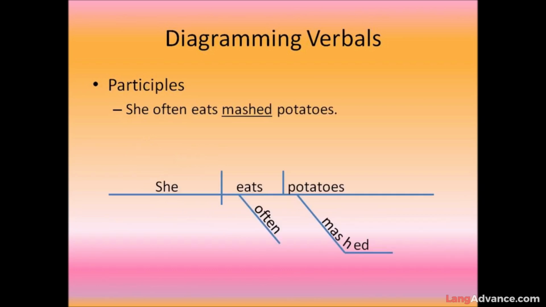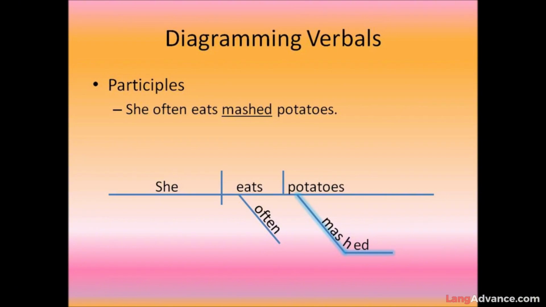She often eats mashed potatoes is the sentence we'll use as an example for how to diagram a participle. In this instance, it's a past participle. It ends in ed, but it's being used to describe potatoes. She is the subject, eats is the verb, potatoes is the direct object, often is an adverb that describes eats, mashed is being used as an adjective to describe potatoes.